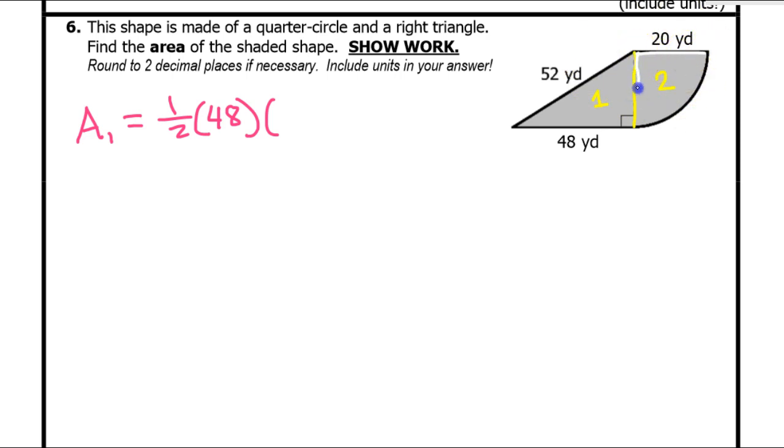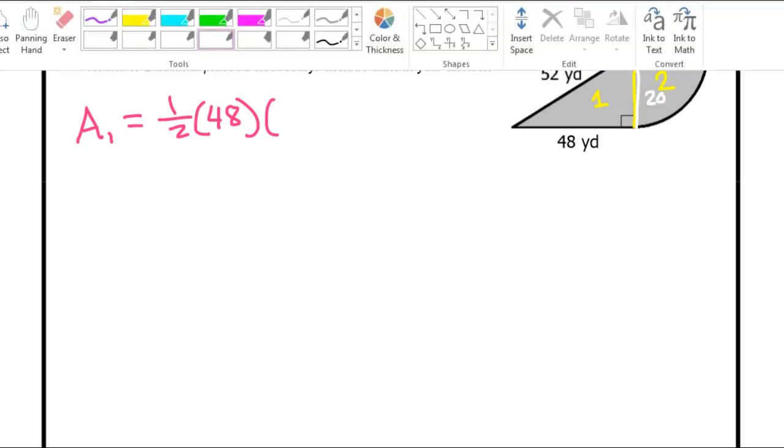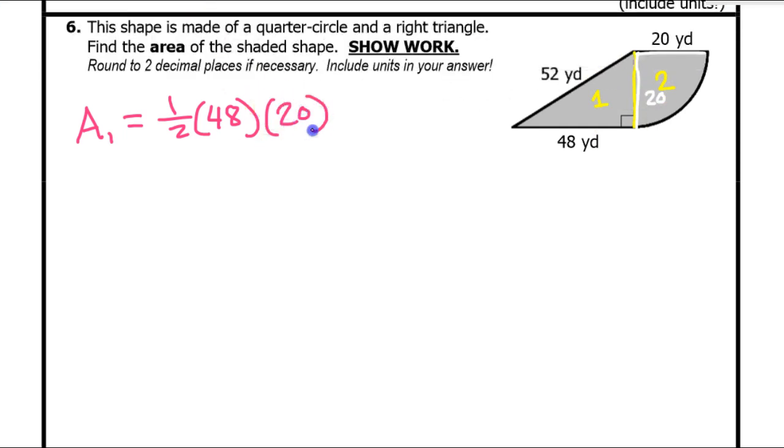It's also going to be 20 here. So the height is 20 because the radius of a circle is always the same. Half of 20 is 10. 10 times 48 is 480. So that's area number 1.